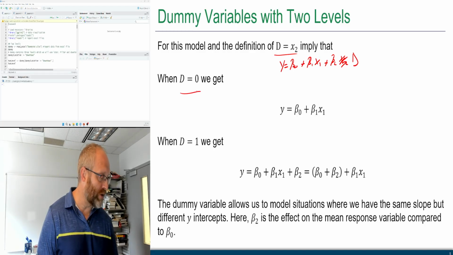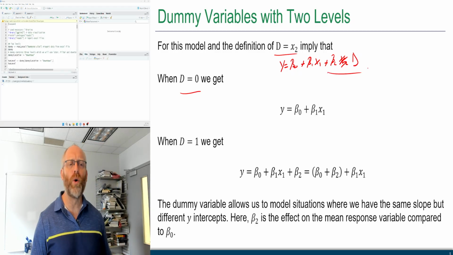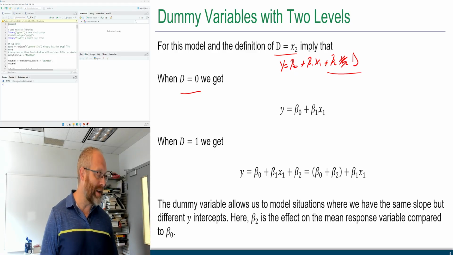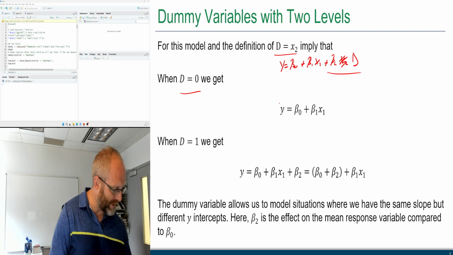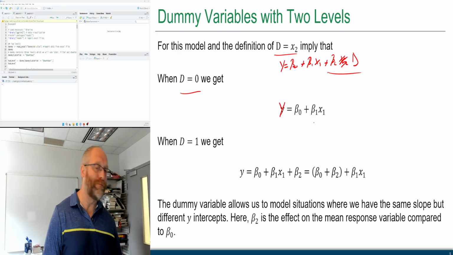When d is equal to 0, it doesn't matter what beta 2 is, because I'm multiplying any real number by 0. That term just disappears. So all I'm left with in my model, and this actually should be a capital Y, not a lowercase y, Y is equal to beta naught plus beta 1 x1.